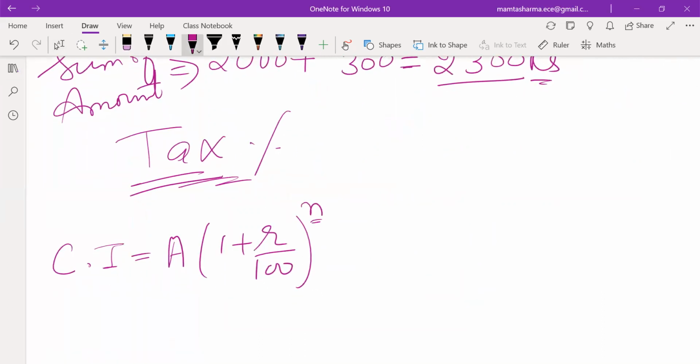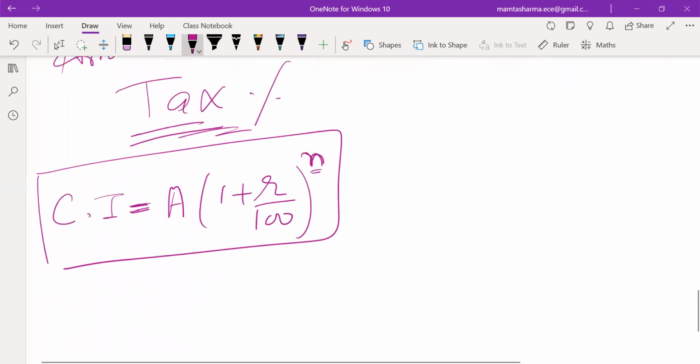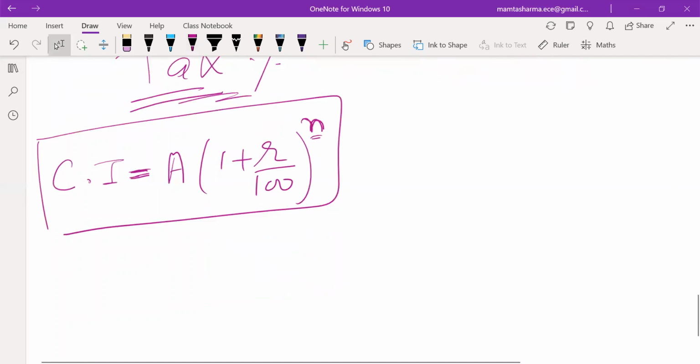Yes. When the rate of interest per year is not the same, you may apply this formula. P, R and N would be given, and they may ask you to find the compound interest. You can apply this formula directly. Clear? Okay, ma'am.